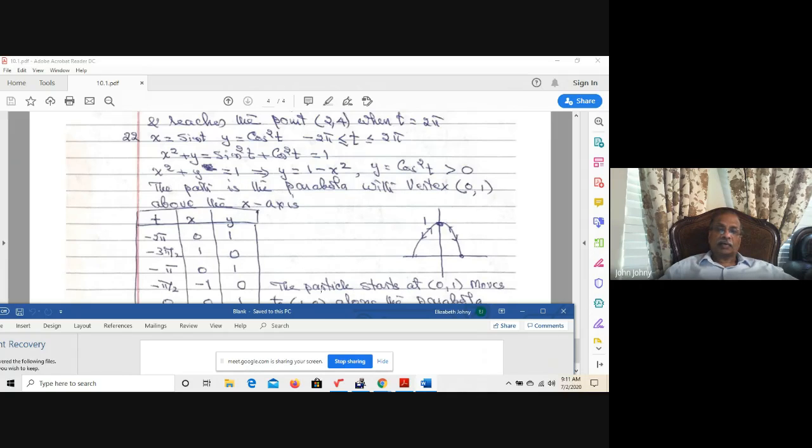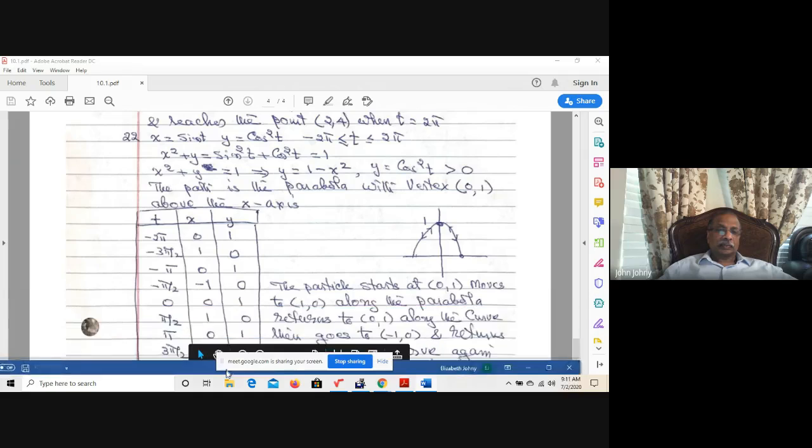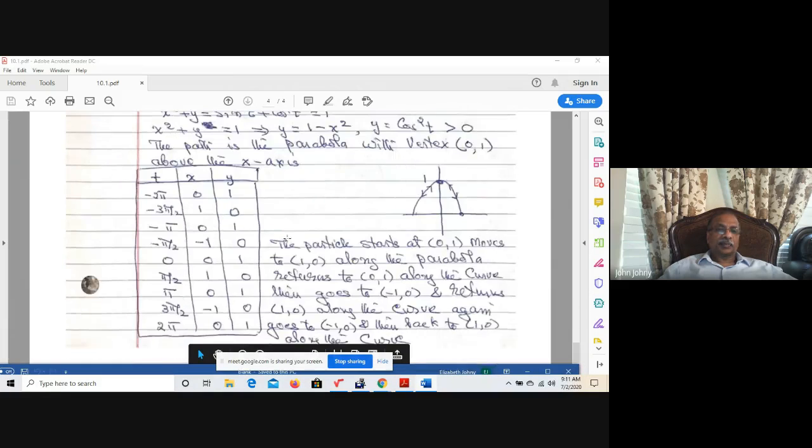Now the interesting fact is you prepare a table like this. When t is negative 2 pi, negative 3 pi over 2, negative pi over 2, etc., and then find the corresponding values. First you get 0, 1, it starts here. And then it goes to 1, 0, that is here.